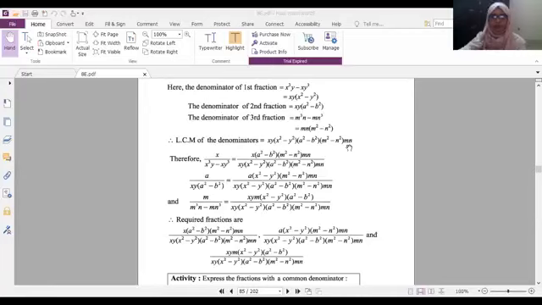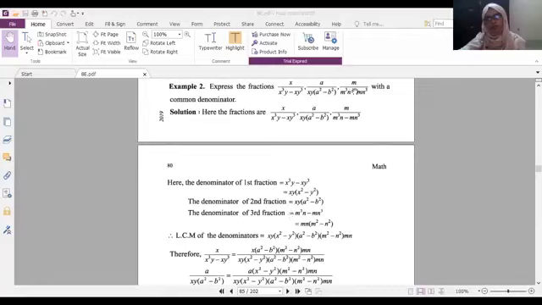Now multiply both numerator and denominator by this quotient. We get a into x square minus y square into m square minus n square into mn by xy into x square minus y square into a square minus b square into m square minus n square into mn.